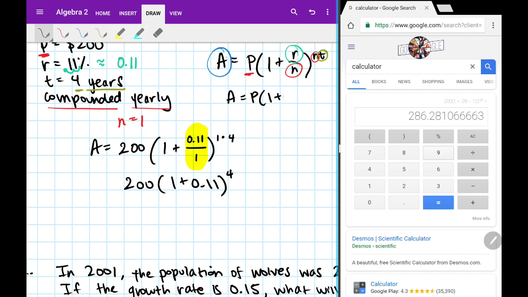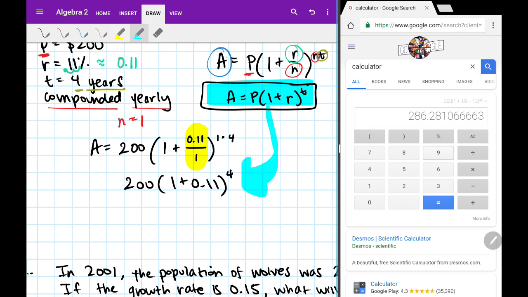P(1 plus or minus R)^T, and in this case we're going to use plus because we're growing our money. So if I had just plugged into the second formula to begin with, I would actually end up exactly where I'm at because N was 1. So this denominator really disappeared, and T times 1 is just T.